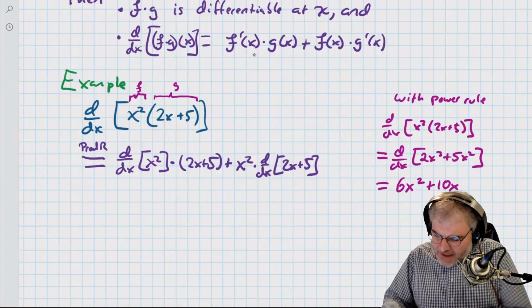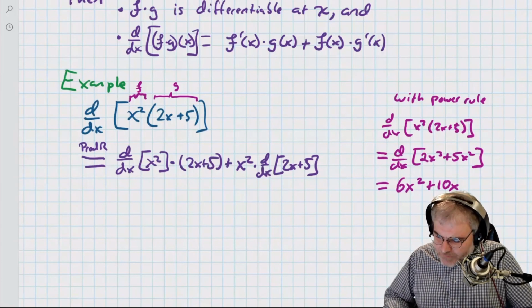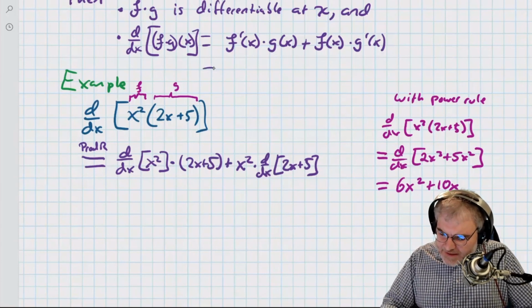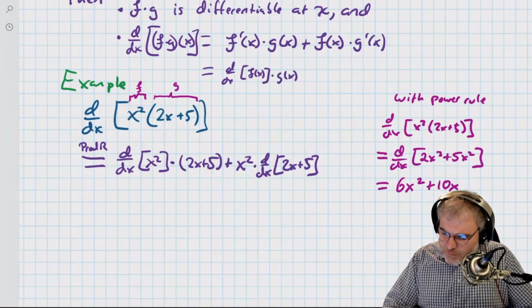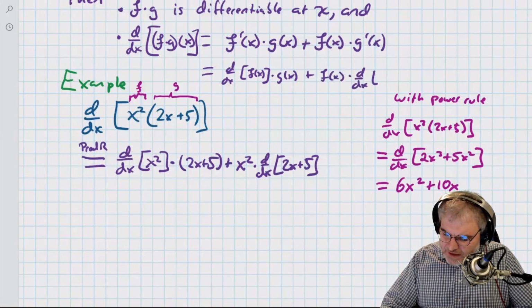F prime of x times this is the same thing as saying d over dx of f of x times g of x plus f of x times d over dx of g of x. Same thing.